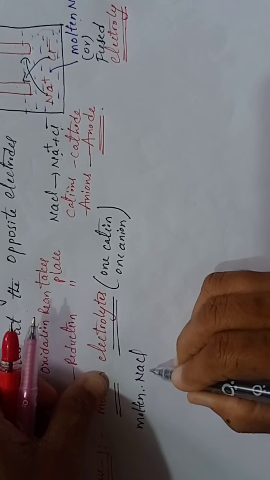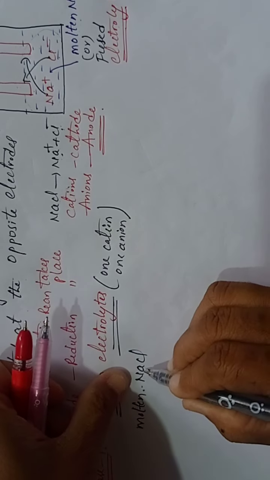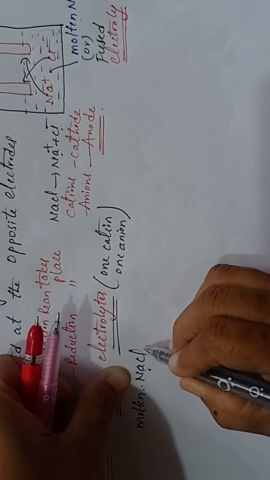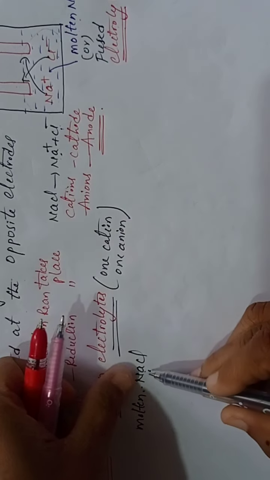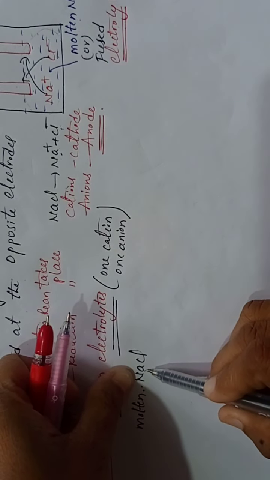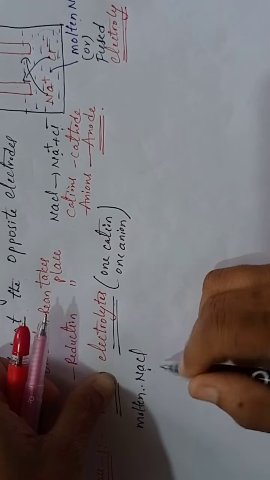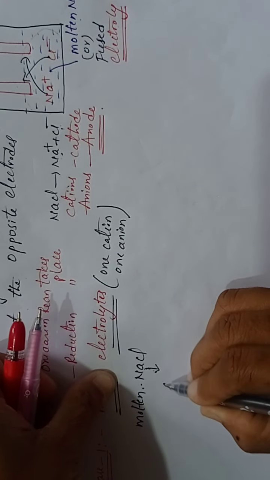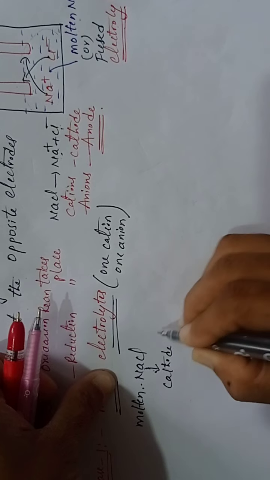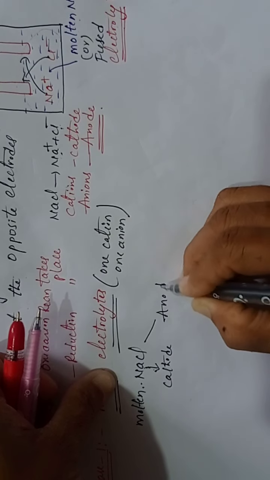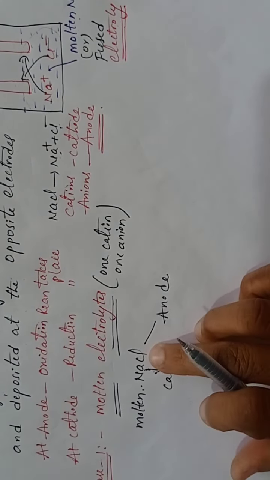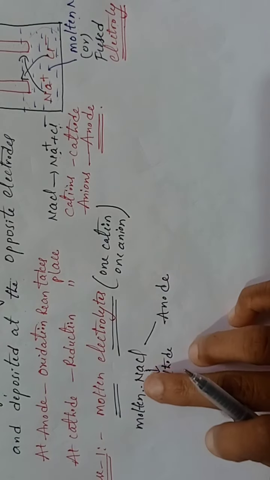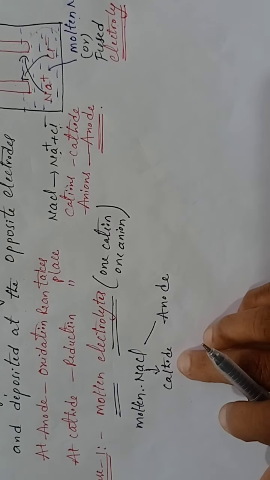Here sodium is the cation, chlorine is the anion. We know that. Now sodium cation moves towards the cathode, correct or not? And chlorine, the anion, moves towards the anode.